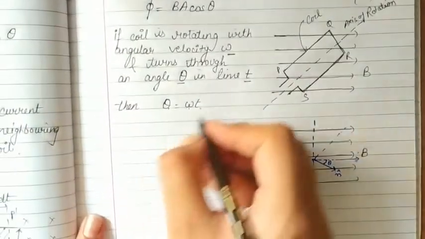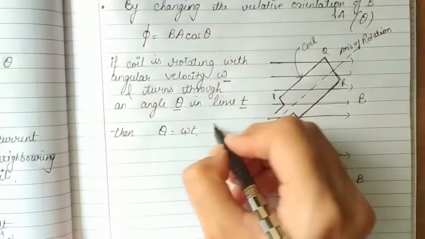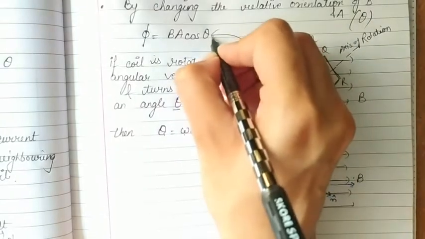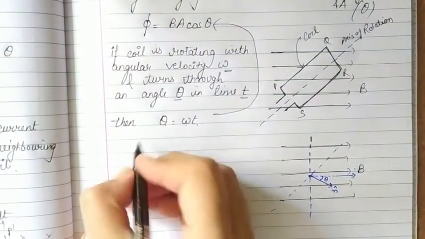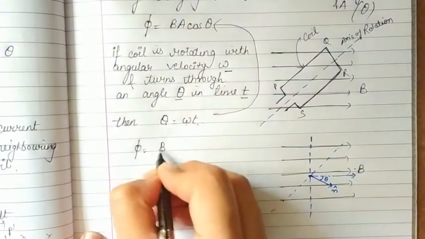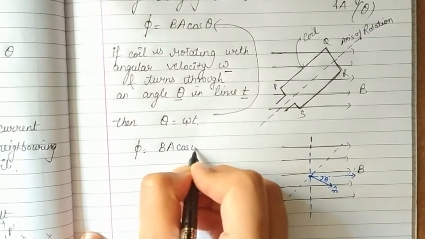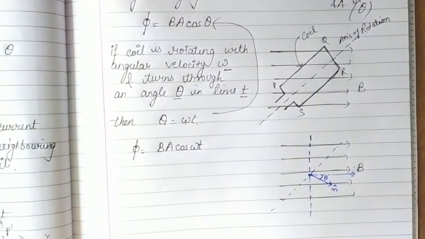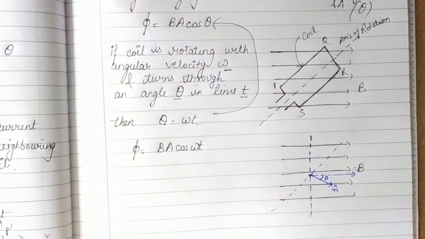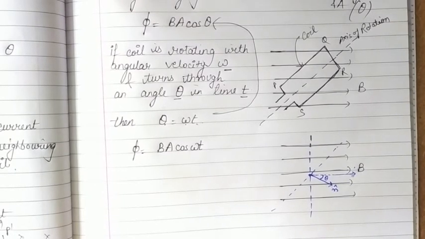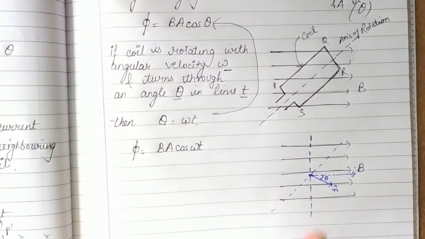Now by using this in the formula of magnetic flux, we can write phi as BA cos omega t. So this is the value of magnetic flux in terms of omega and t. Since the coil is rotating, the magnetic flux linked with it is changing, and the induced EMF that is set up in that coil because of the change in magnetic flux can be given by Faraday's law.